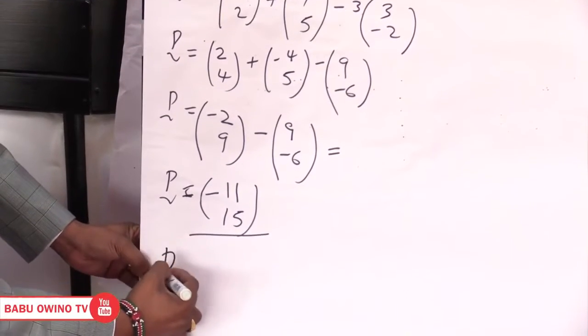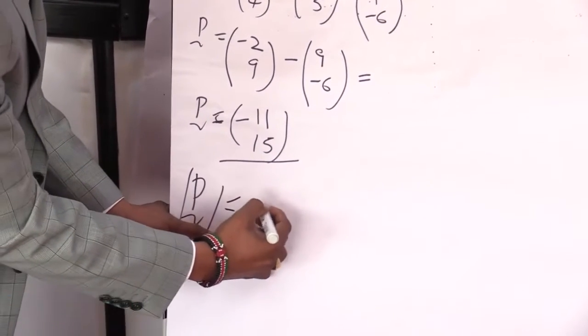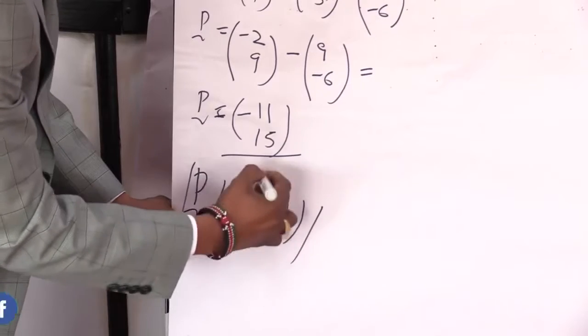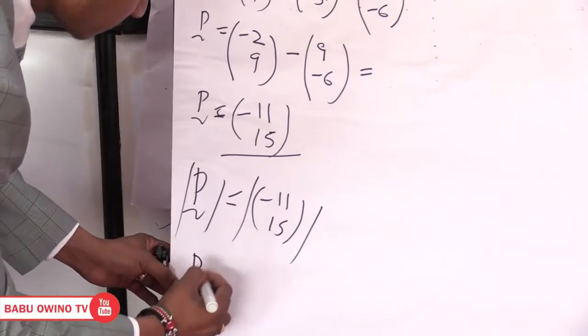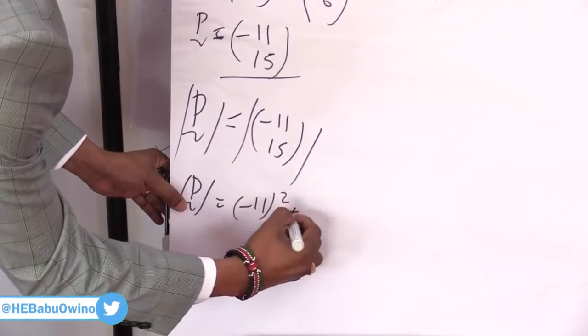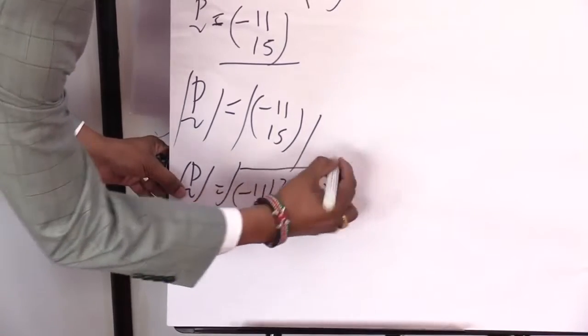So our P in column vector form is minus 11, 15. But we are told to find the modulus of P. So the modulus of P, or the length of P, equals that. You replace that with that sign. So simply the modulus of P equals minus 11 squared plus 15 squared into the square root.